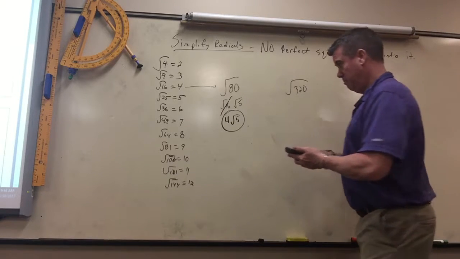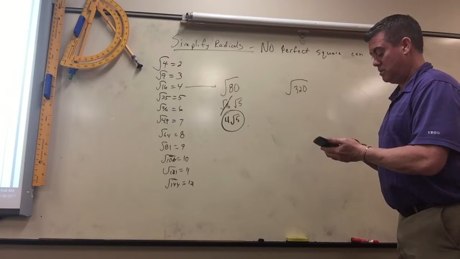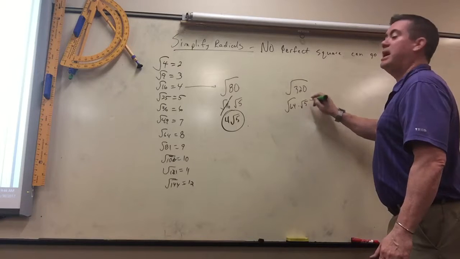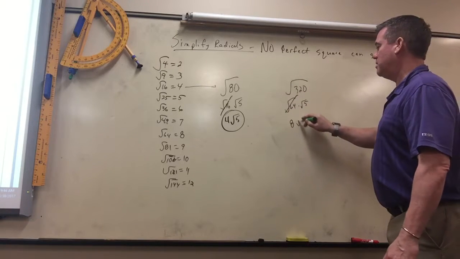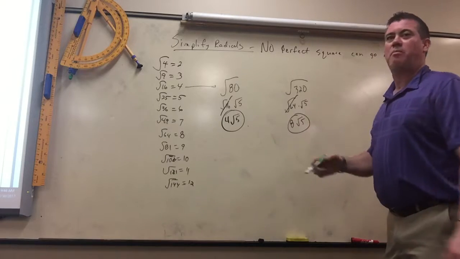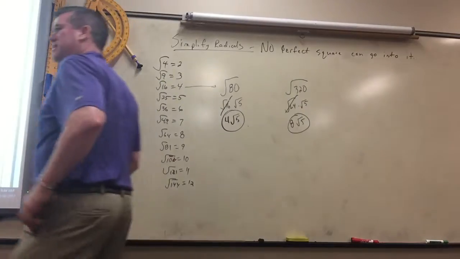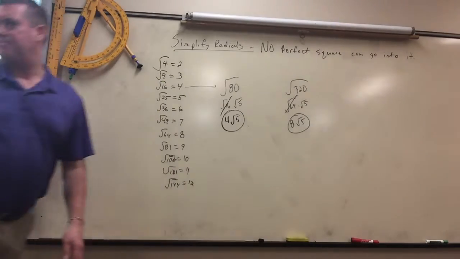Nope, get a decimal, so check 64. Yes. 64 times 5. So that makes 8 square roots of 5. Okay?